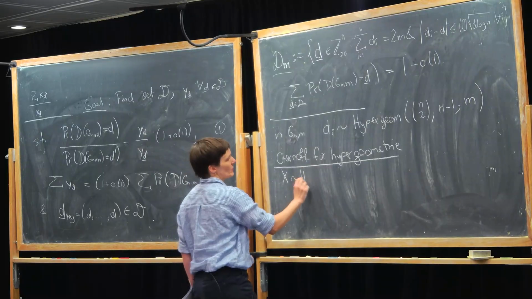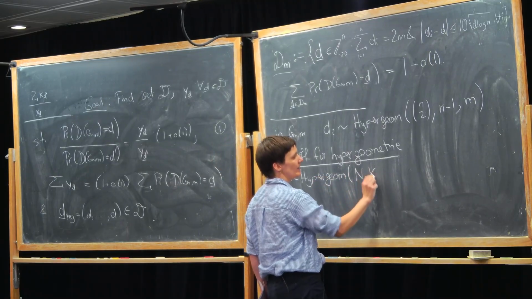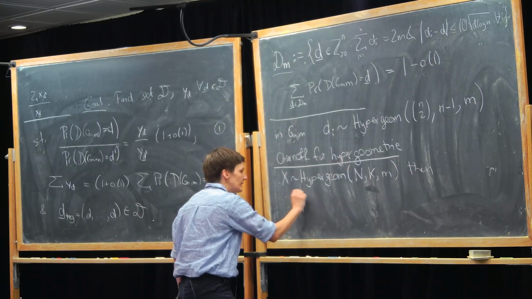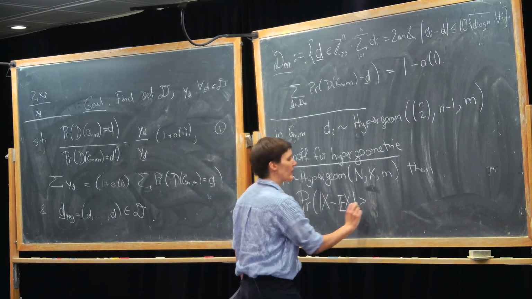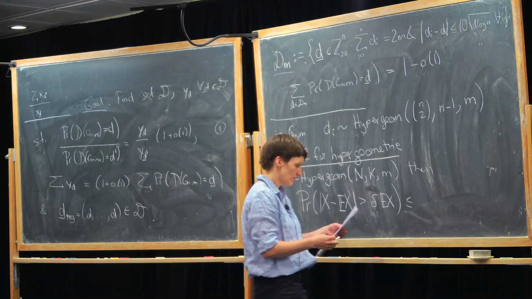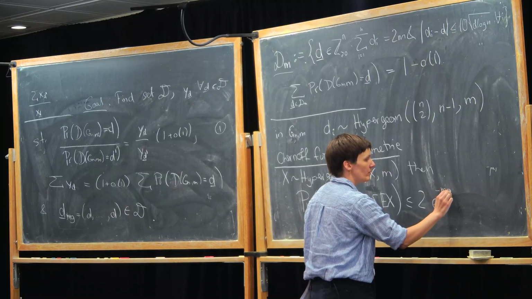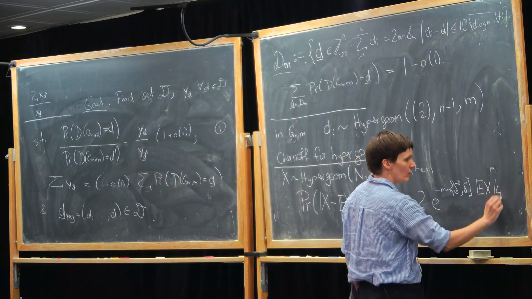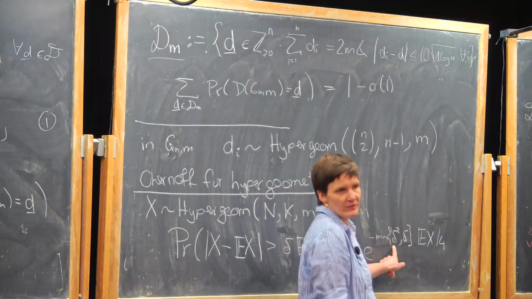If X has hypergeometric distribution with parameters capital N, capital K, and M, then the probability that X deviates from its expectation by more than delta times the expectation is at most 2 times e to the minus the minimum of delta squared and delta, times the expectation of X over 4. And this is just delta squared if delta is at most 1.